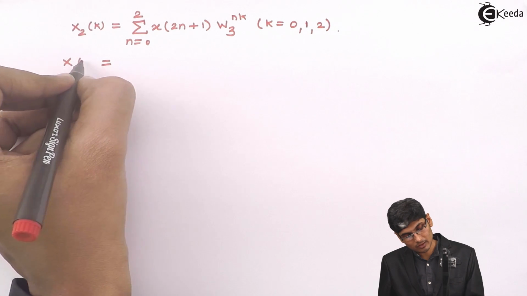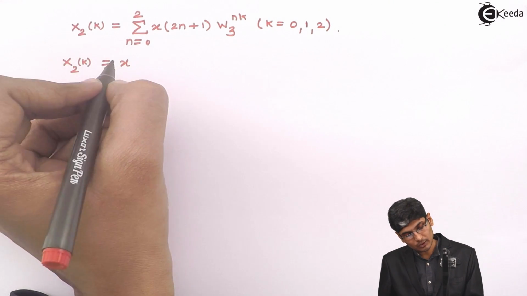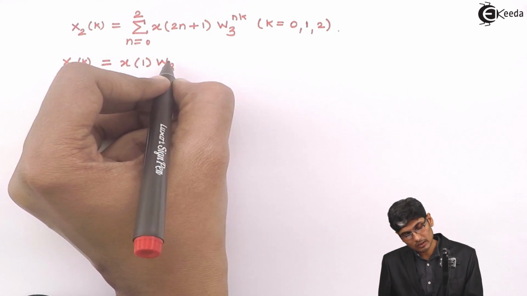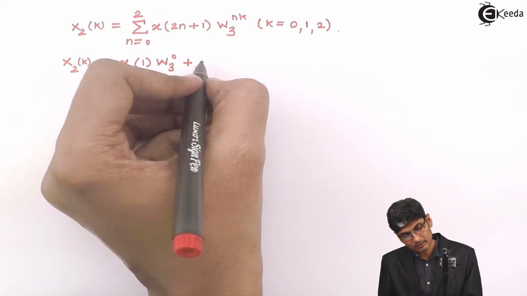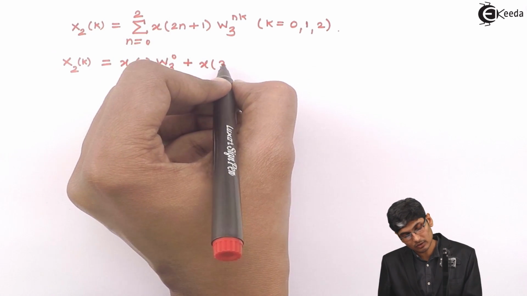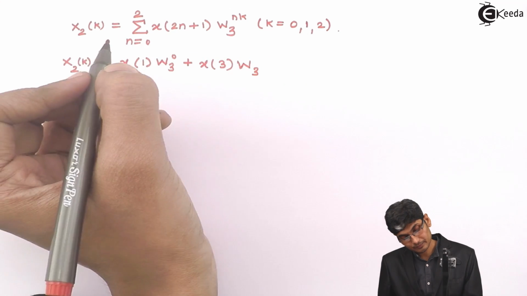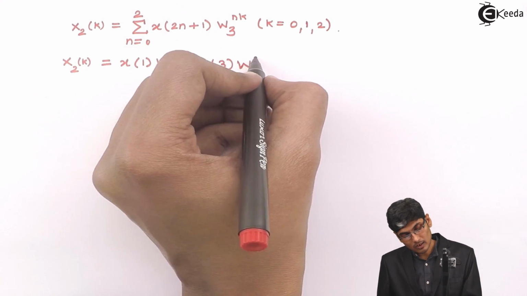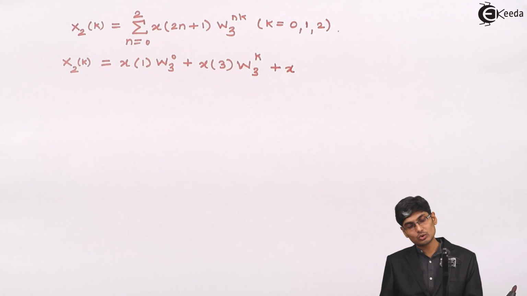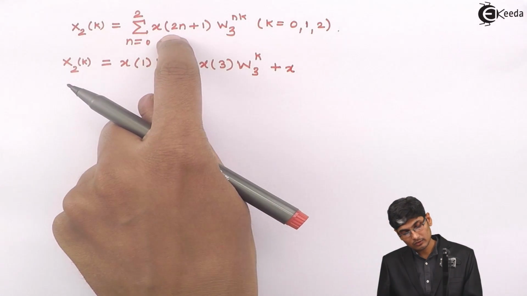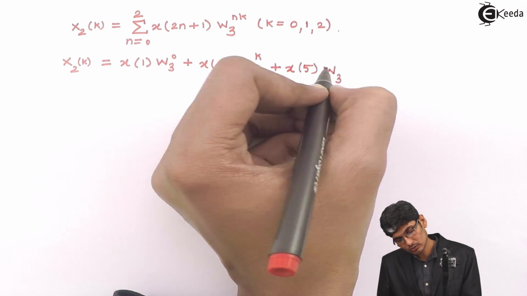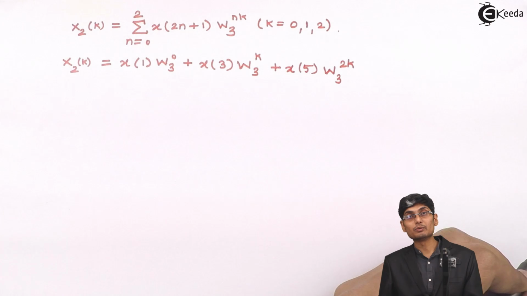So X2 of k will be equal to, if you put n equal to 0, it is going to give me x of 1 W3 raised to 0 because n is 0, plus, if you put n equal to 1, it will be 2 plus 1, that is x of 3 W3 raised to k, plus x of, n equal to 2, this will be 2 into 2 is 4 plus 1, 5, W3 raised to 2k, because n is equal to 2.